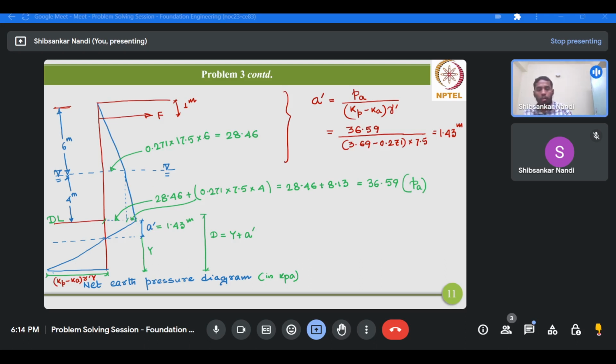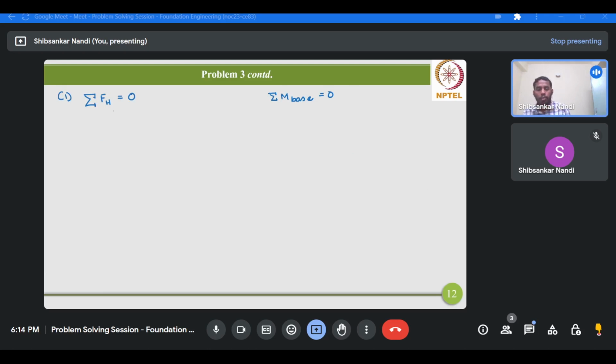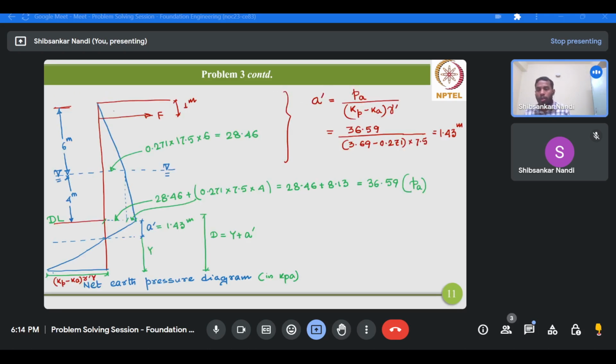Before satisfying these two conditions, we'll try to calculate the resultant active thrust, only this part up to here.